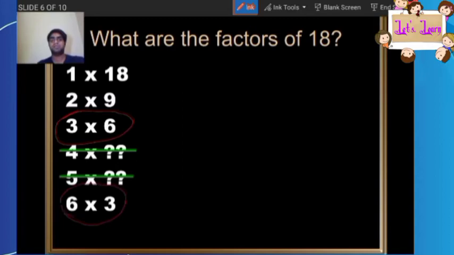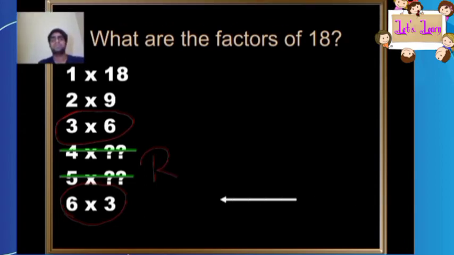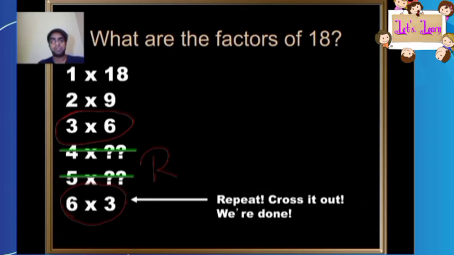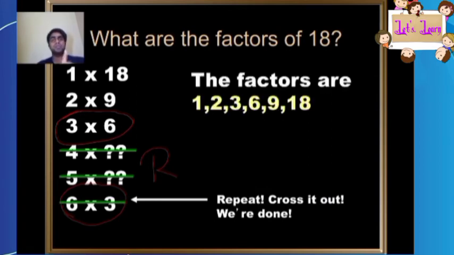Again we had 6 into 3, which is a repeat. Since it is a repeat, we have to finish the process. The factors are 1, 2, 3, 6, 9 and 18. So using this process we can find the factors of each and every number.